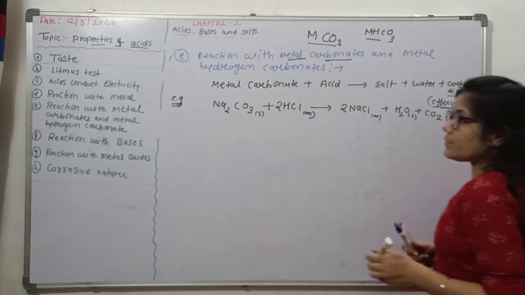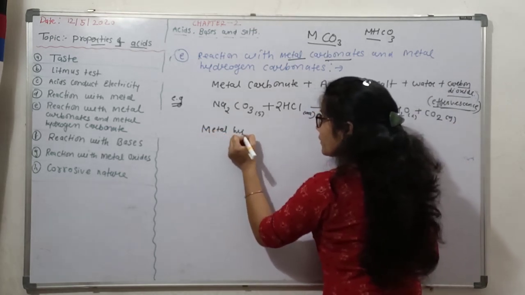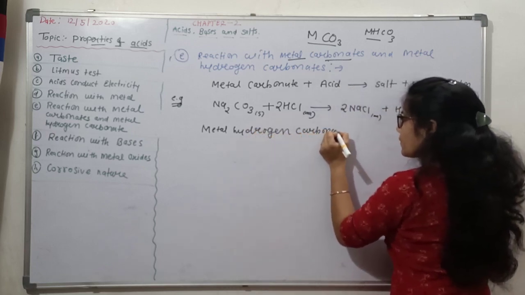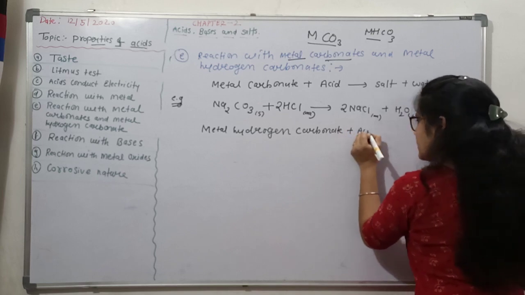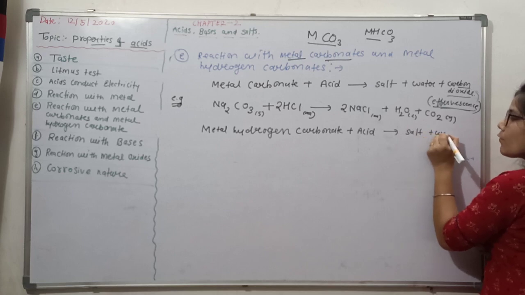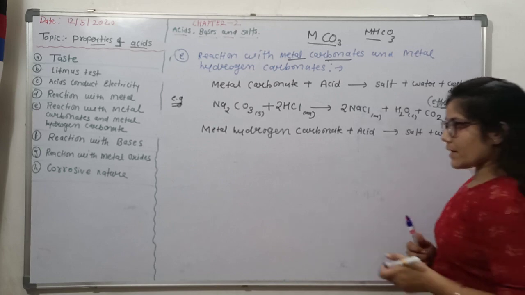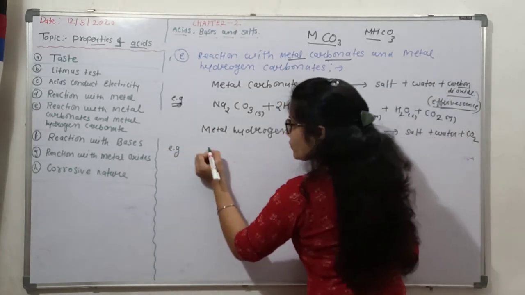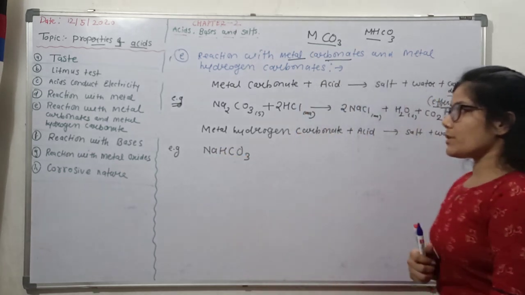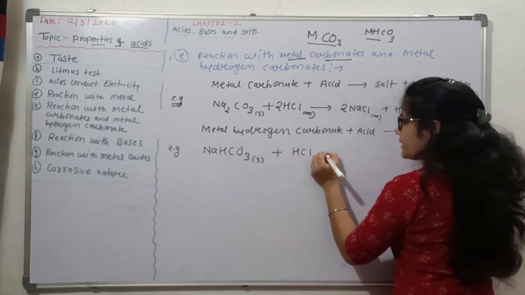Similarly, when metal hydrogen carbonate reacts with acids, it gives the same: salt, water and carbon dioxide gas. Let's take an example for this one also. Sodium hydrogen carbonate, NaHCO3, plus hydrochloric acid.